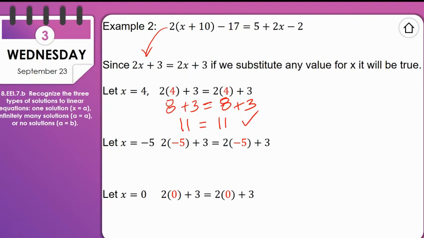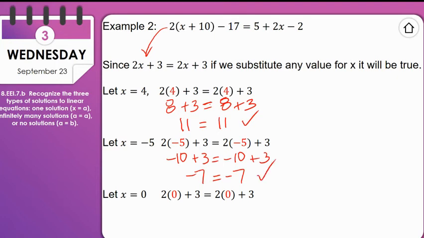Substitute negative 5 for x. Negative 5 times 2 is negative 10. Plus 3 is equal to negative 10 plus 3. Negative 10 plus 3 is negative 7, and negative 7. True.